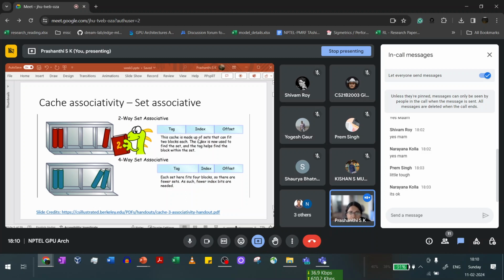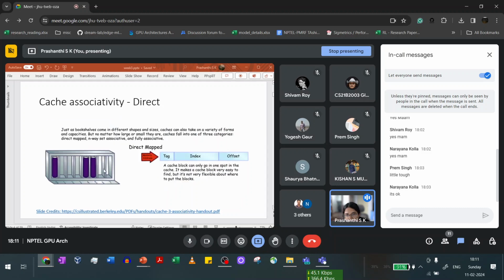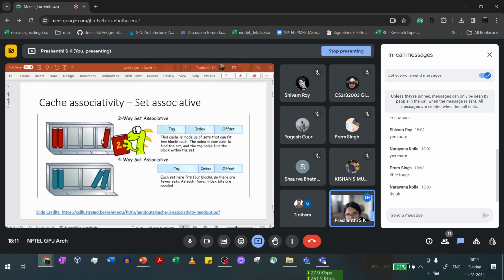So now the index just helps you find the set, and the tag helps you find the block within the set. Earlier all you had to do was find the slot ID, and that would automatically give you the book. Here, after finding the slot ID, you still need to find the offset within that slot of the book. And that's how you use the tag and index blocks.